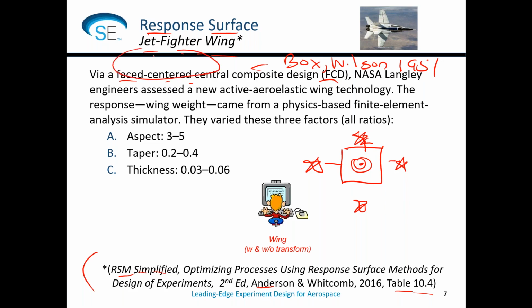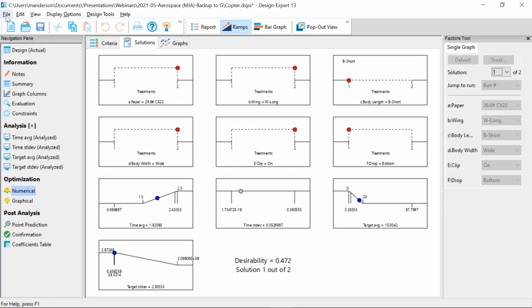So they do it as face-centered, and they bring these stars into the face of the square. And in the case of 3 factors, that would be a cube with points at the centers of the faces of the cube and points around the perimeter of the cube, and then some points in the middle, which are the center points. Now, this design is easily set up in Design Expert.